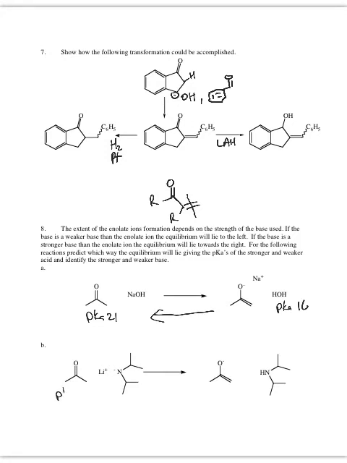In the bottom example, we have the pKa of 21 for acetone and the pKa for the diisopropylamine in the mid to upper 30s. So the equilibrium in the second reaction is even stronger to the right. There will be really no equilibrium. It'll go all the way to product with no starting material around because of the huge difference in the pKa's.